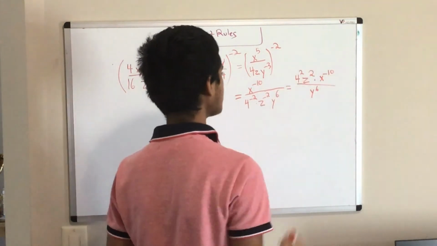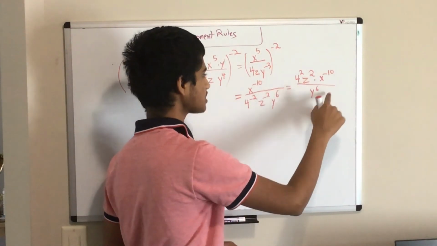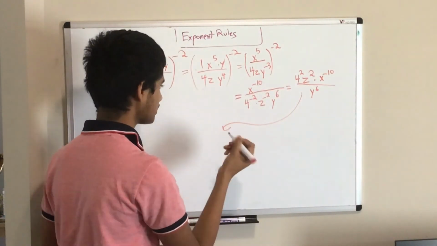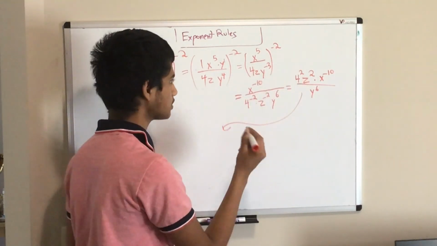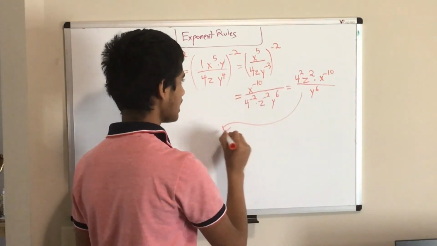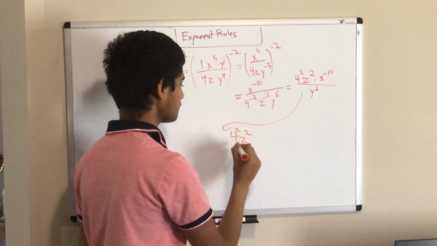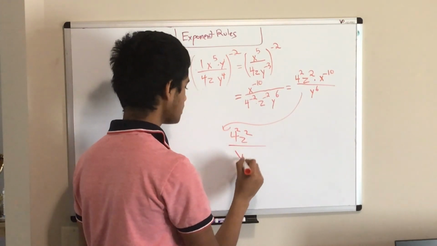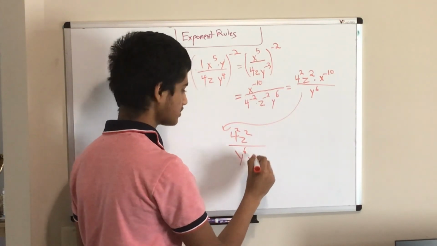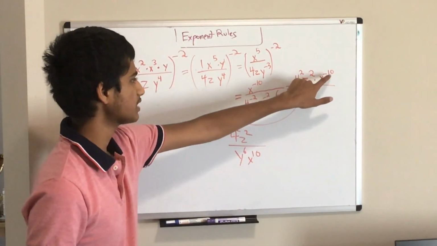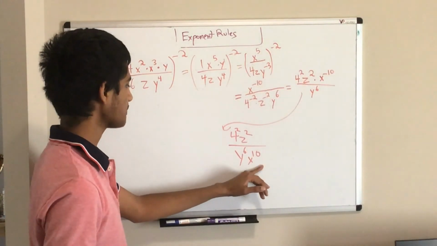And x to the power of -10, since it's a negative, can just go down into the denominator. I'm just going to do an arrow over here because I don't have space. That's the same thing as 4 squared z squared divided by y to the power of 6 x to the power of 10, because the -10 went into the denominator.